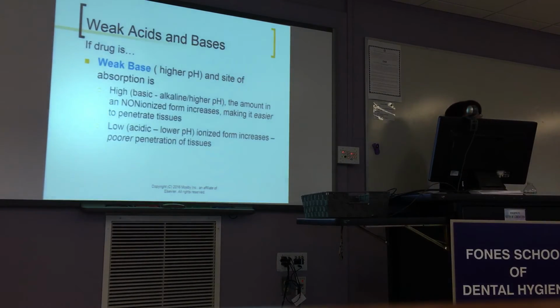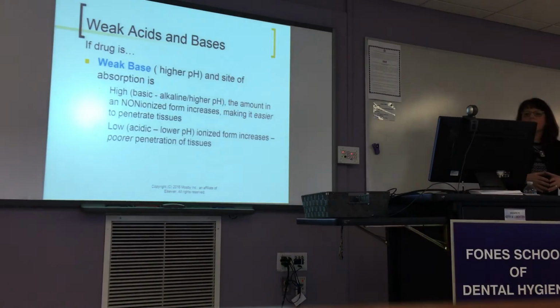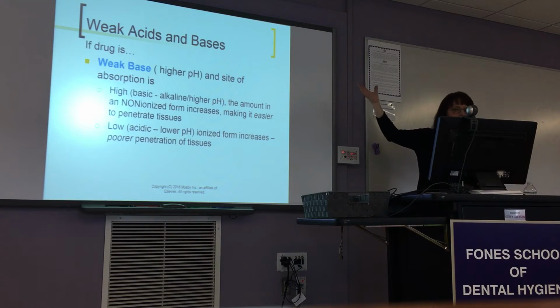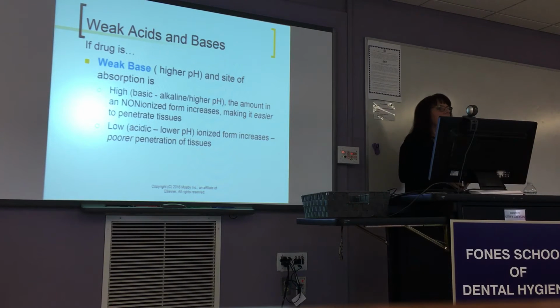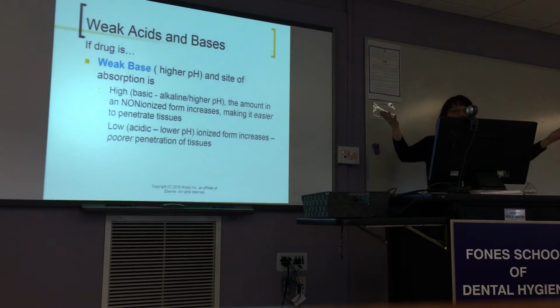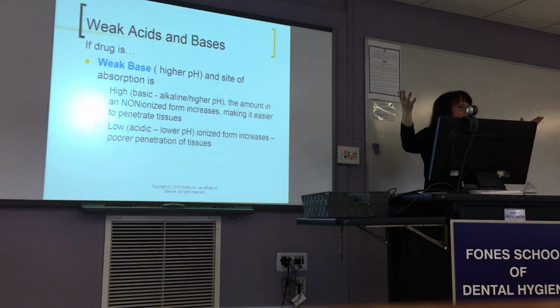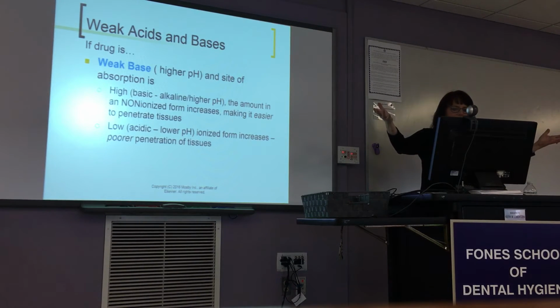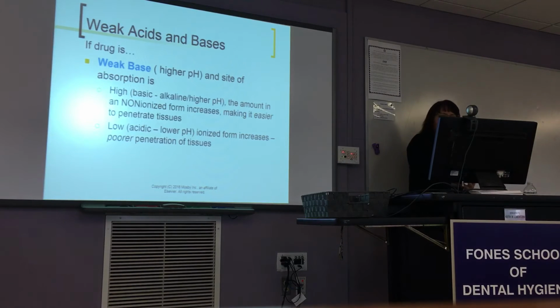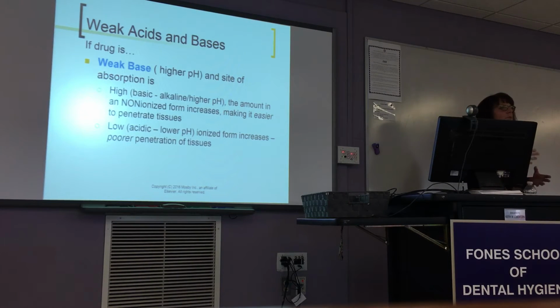If the drug starts out as a base, it's a weak base, okay, and the site of absorption matches it and it's higher or basic, the amount of the non-ionized form increases, okay, the good stuff, making it easier to penetrate. If they match, there's more non-ionized, it penetrates, okay? Makes sense. If it's low, the opposite, the ionized form increases and we have poorer absorption.